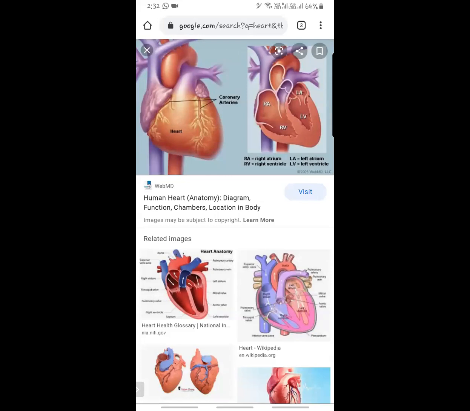RA means right auricle, LA means left auricle, RV means right ventricle, and LV left ventricle. The smaller compartment is the auricle and the larger compartment is the ventricle. So the heart has four chambers: right auricle, left auricle, right ventricle, and left ventricle.